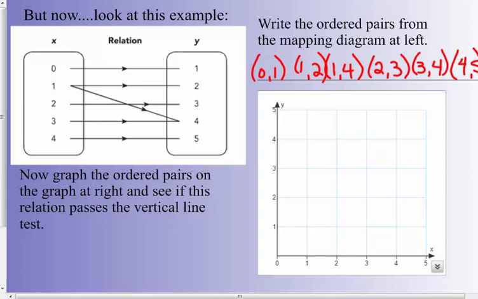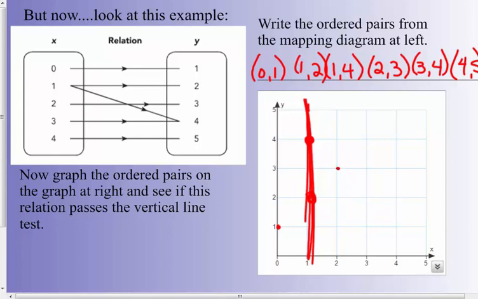So putting those points on, 0, 1, 1, 2, 1, 4, we can see right away that this line right here is going to intersect these 2 points, right? So it's not going to pass the vertical line test.